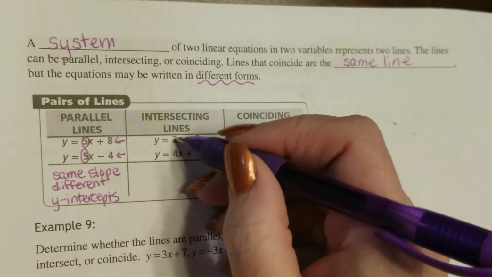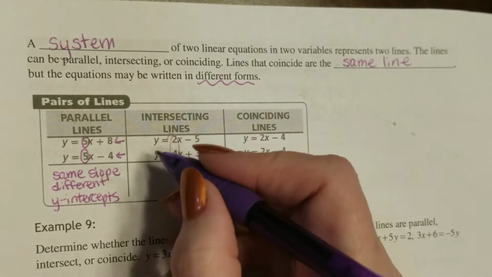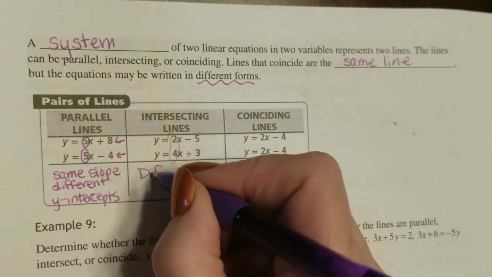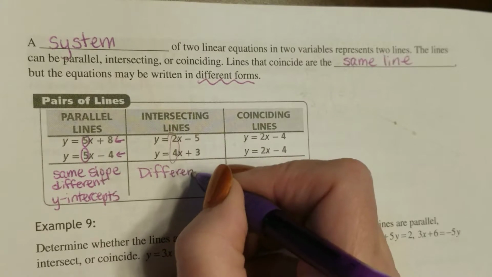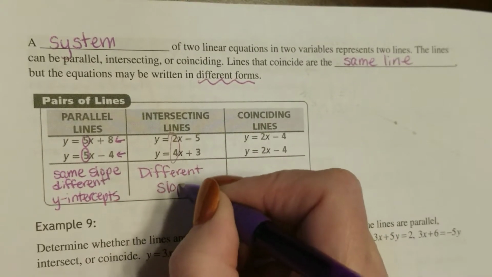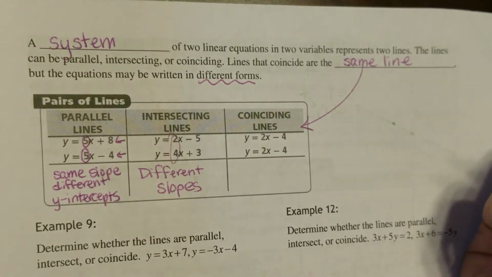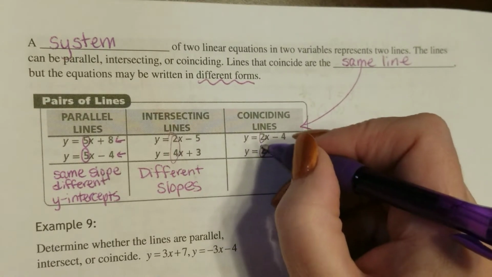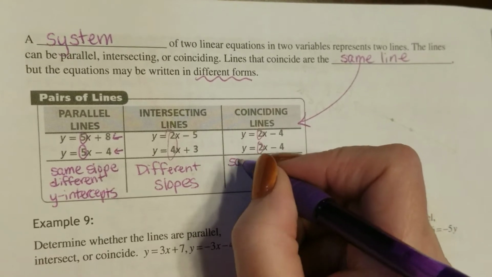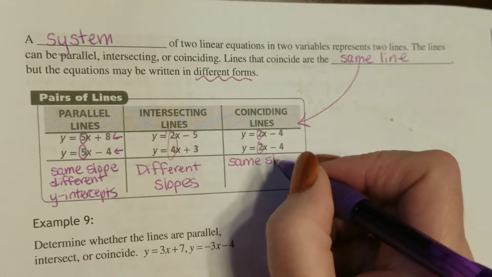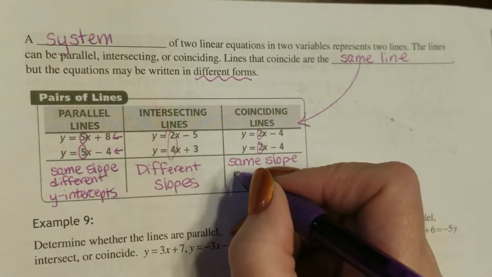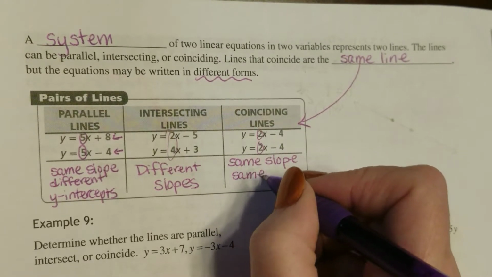If they're intersecting lines, their slopes don't match. They have different slopes. And then the coinciding lines, remember, these are going to be the ones that are the same line. They not only have to have the same slope, they also have to have the same y-intercept.